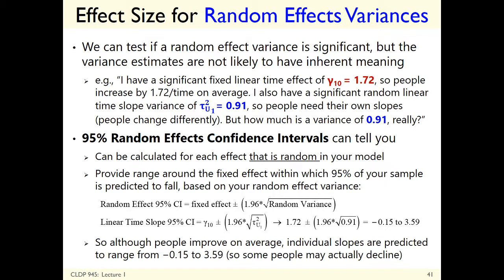On average, people improve by 1.72 per unit time. However, not everybody is predicted to improve. The variance around that slope, given by the random slope variance, means that some people go up a lot, and some people are actually predicted to go down or not change at all.